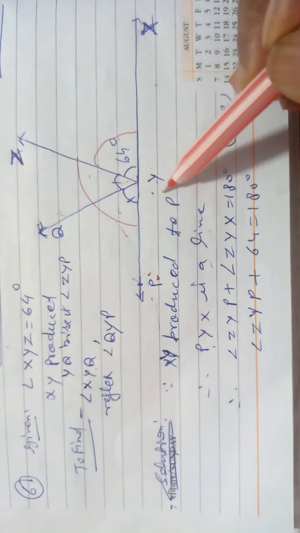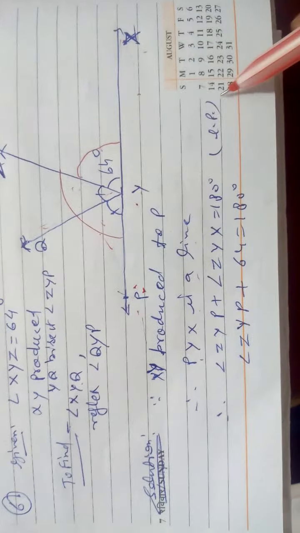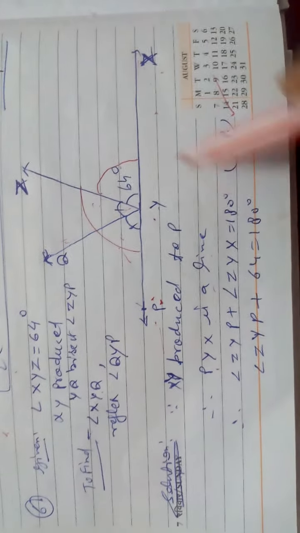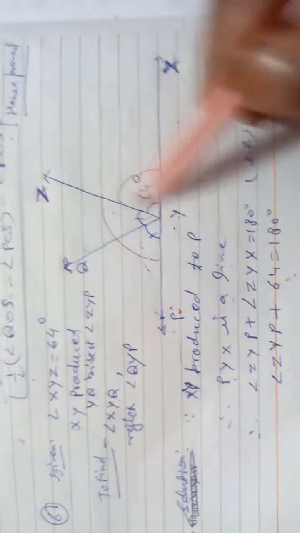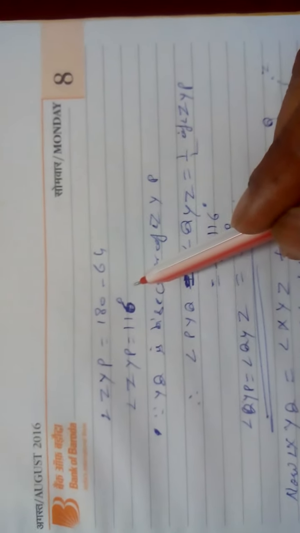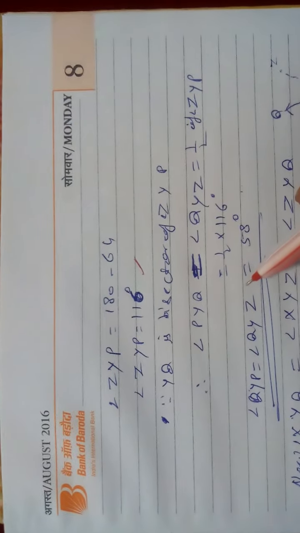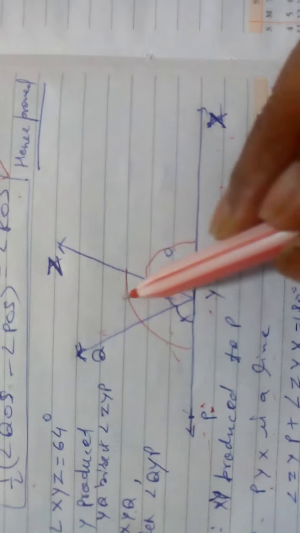ZYP plus ZYX is equal to 180, linear pair. It is 64, given, put 64 here. Then what is ZYP? ZYP is equal to how much? 116 degrees. But one more thing is given: YQ is the bisector of this whole angle. It means this and this are each half of the full angle. So here we will see YQ is the bisector of ZYP, like this; the figure is given again here.